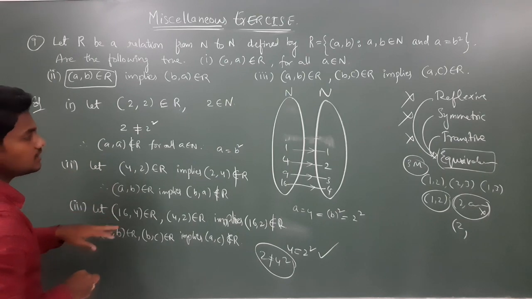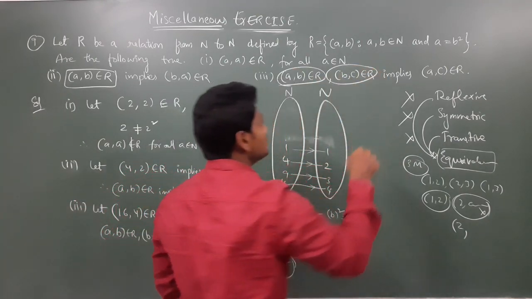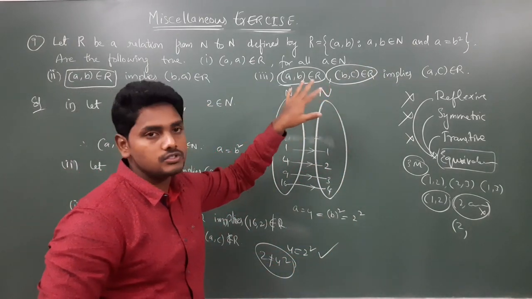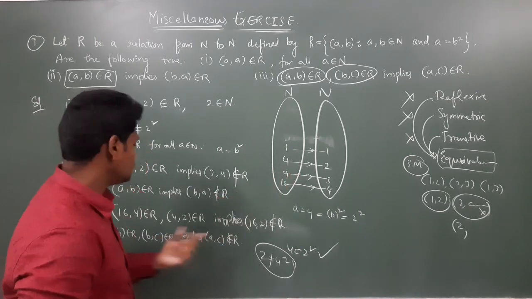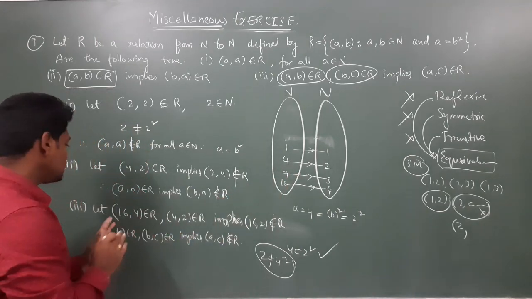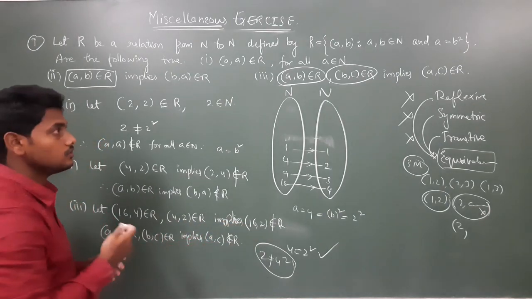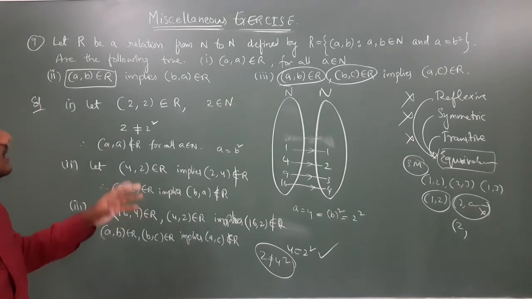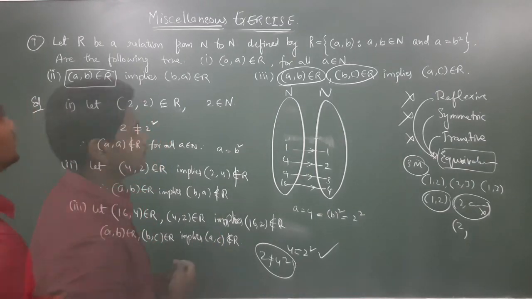Next, for the third condition, (A, B) belongs to R and (B, C) belongs to R: we take those two pairs that satisfy the condition, and then check whether the first and last pair is present or not. It is very easy, but we need to analyze what to take and imagine what will come. Pause the video and note it down.